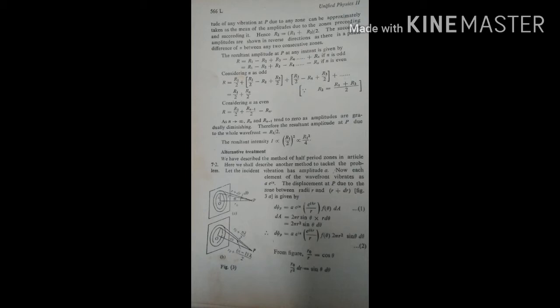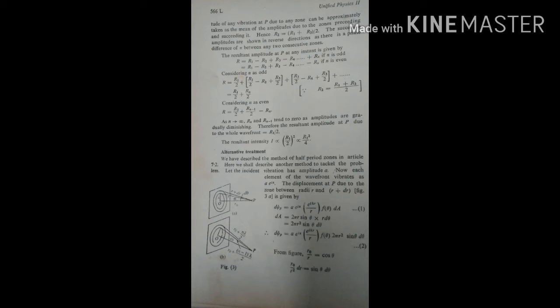Considering n as odd, R = R1/2 + (R1/2 − R2 + R3/2) + (R3/2 − R4 + R5/2) + and so on, + R1/2 + Rn/2. Considering n as even, R = R1/2 + (Rn−1)/2 − Rn.